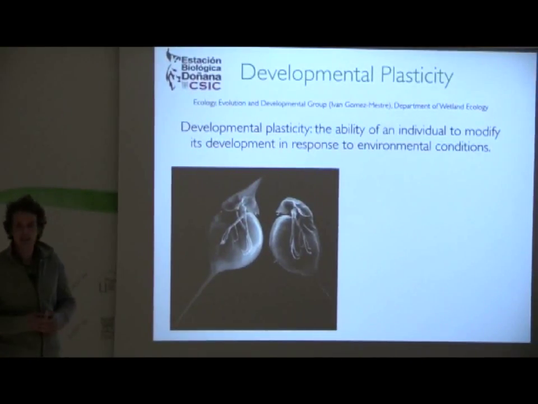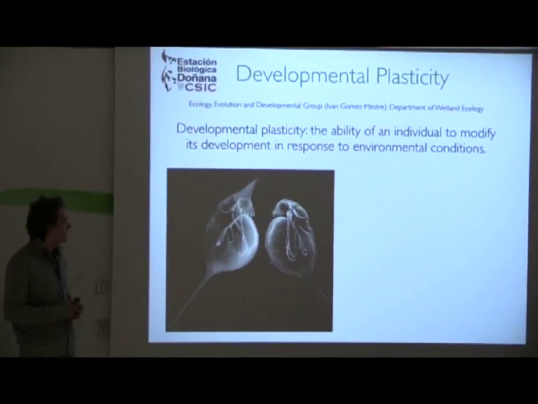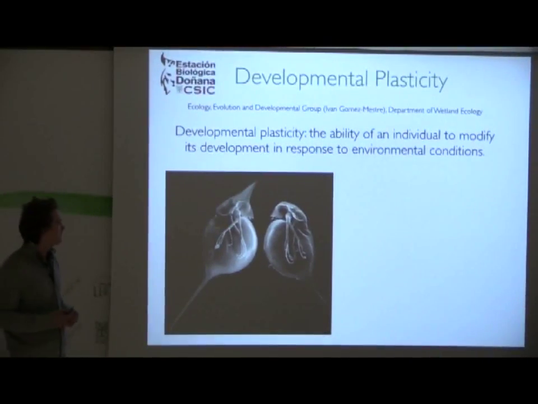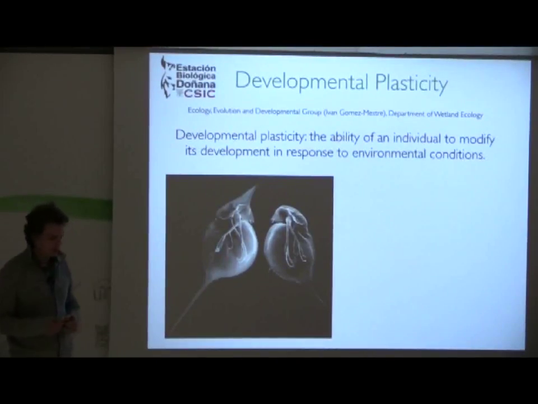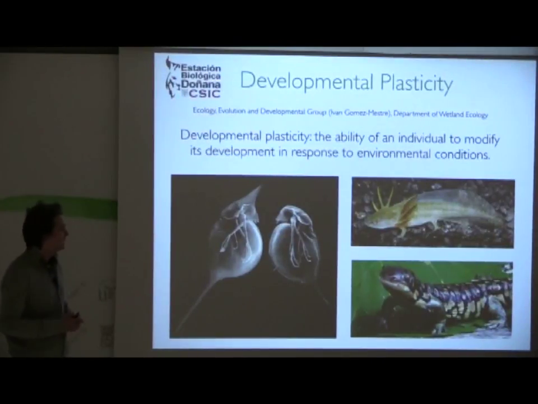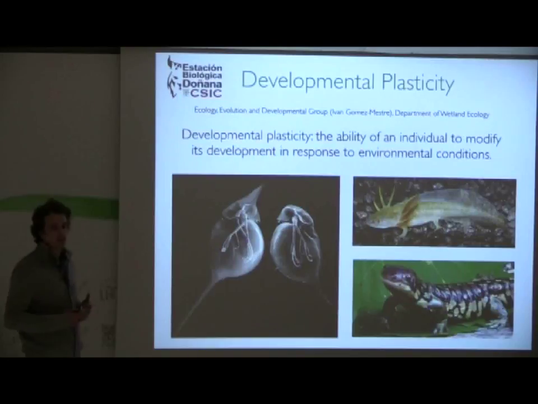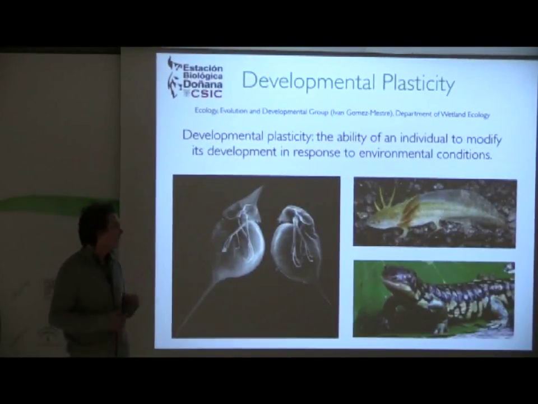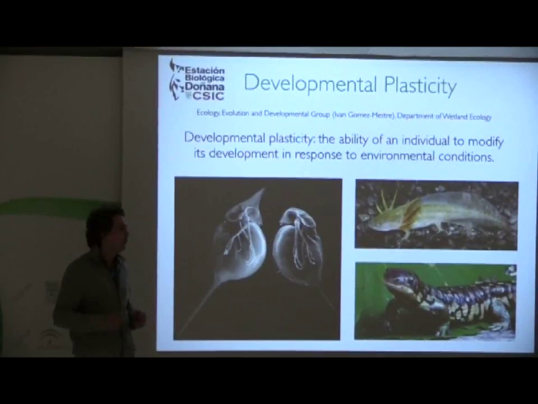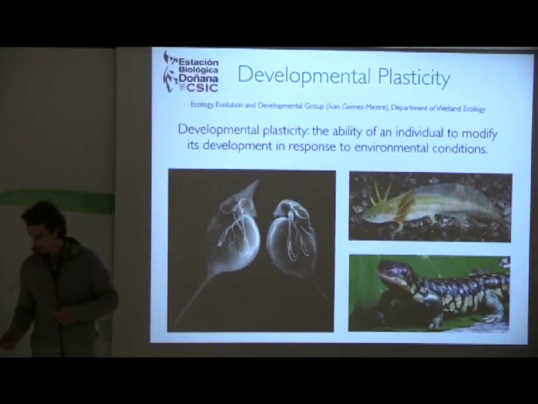So for example, Daphnia can develop these quite striking defensive mechanisms in response to increased predation pressures. And another quite nice example are these salamanders, which if environmental conditions aren't right, can perform this neoteny where they become reproductive larval forms, or they stay as larval forms past the reproductive stages.